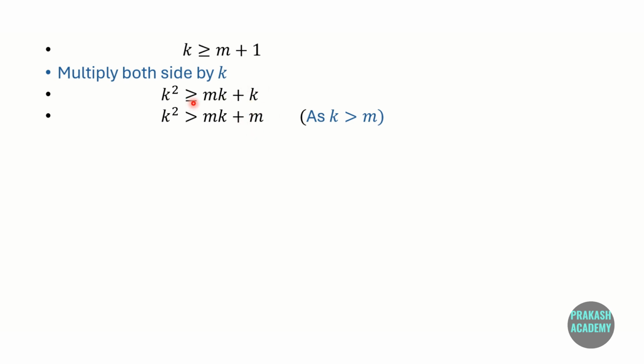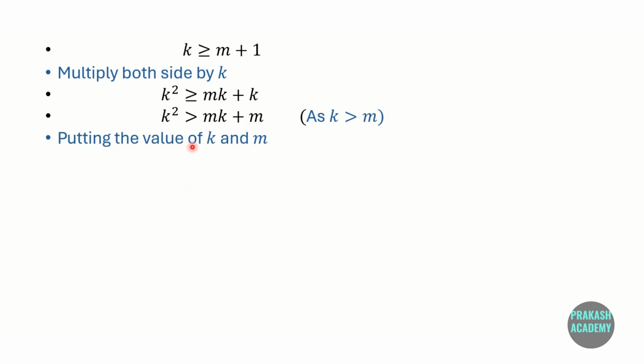But in that case equality will not hold, because I am putting a smaller number, m being smaller and k being bigger. So this side becomes smaller. Earlier it could be equal, but now it can never be equal, so this is greater than this number.